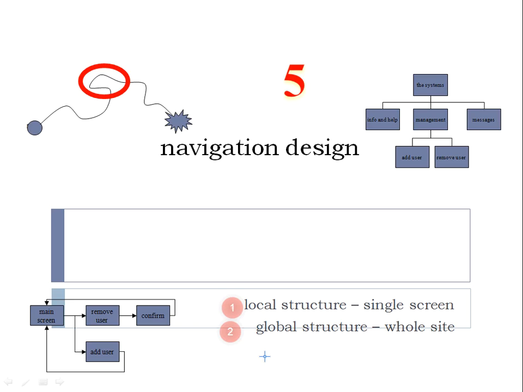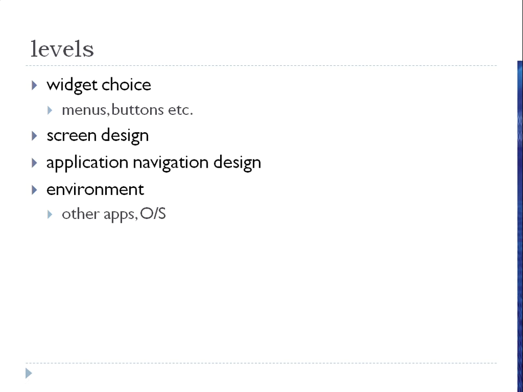At this level we have widget choice, screen design, application navigation, and environment. We must consider these at each level of design. The more levels there are, the more we must consider making it global.